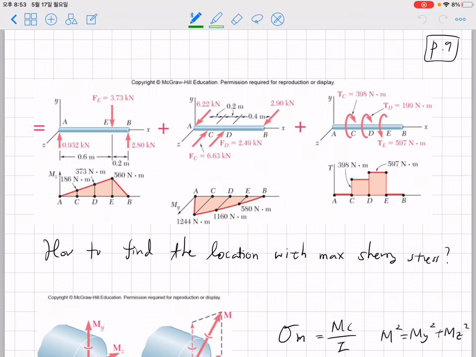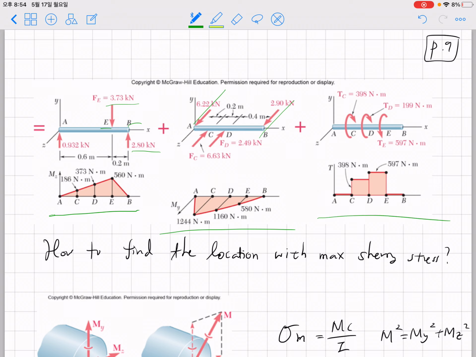But let's solve this. Regarding the MG due to 2.8 kilonewton and 3.73 kilonewton at E and B, we can draw the moment diagram here. Regarding this horizontal force, we can also draw MY, the moment, in this way as a function of distance.